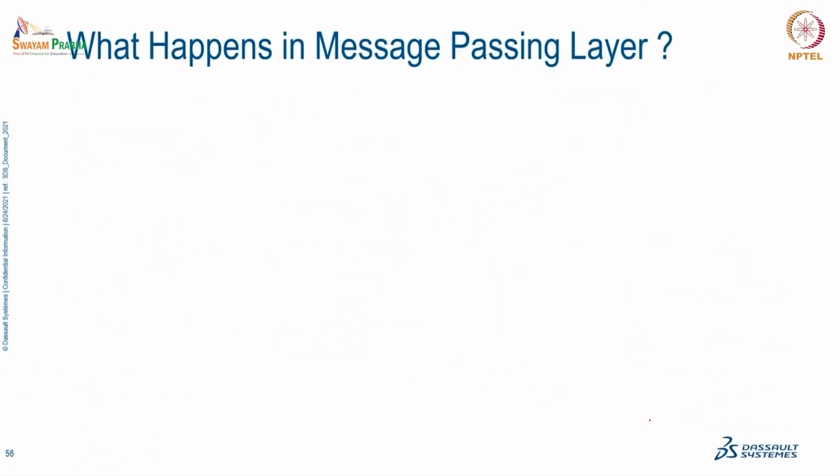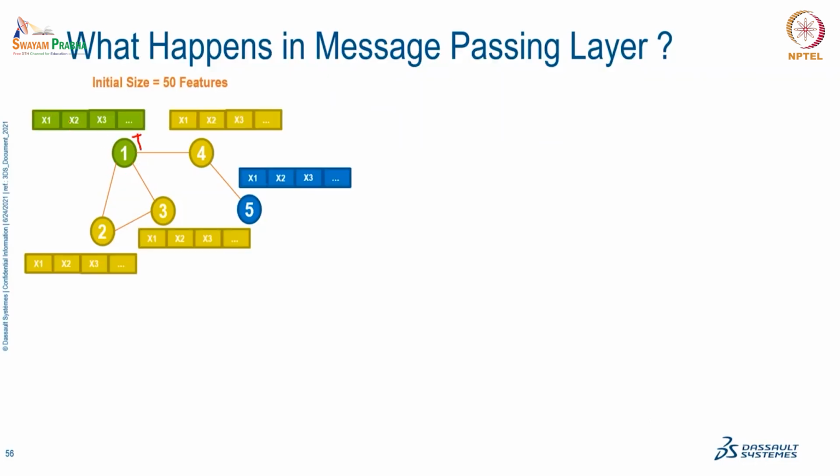So what happens in the message passing layer? This is the actual thing that you can understand from the graph. This is our graph, and green is our target node. We are currently calculating for the green node. And these are the individual node feature vectors of all the nodes, blue, yellow, x1, x2, x3, which can be anything.